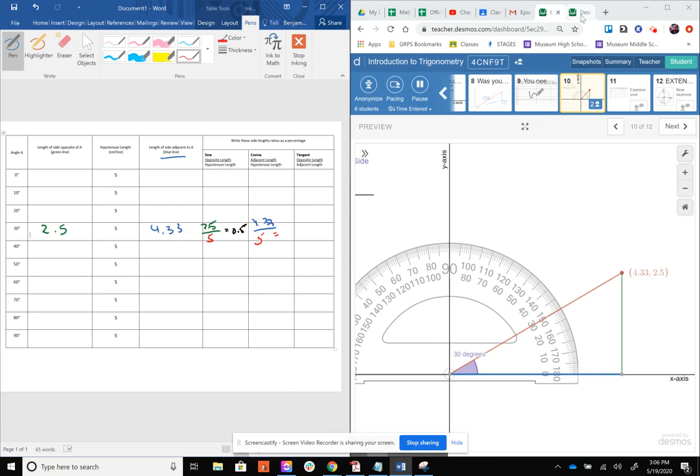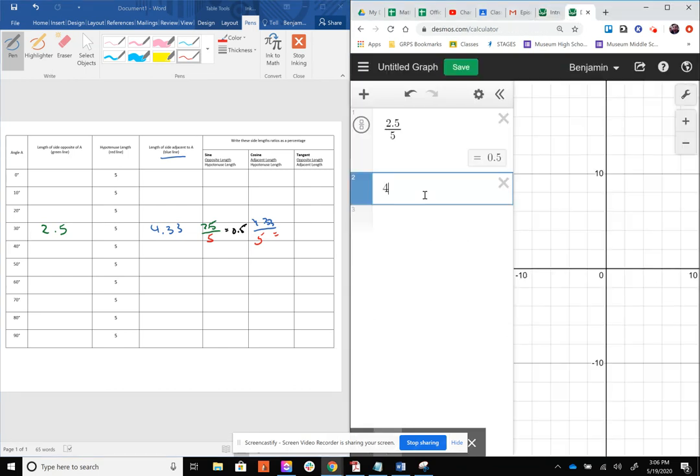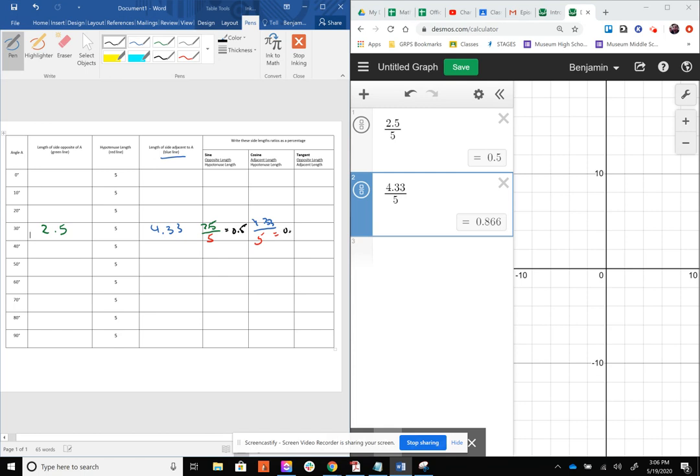So we're going to get a decimal for this. 4.33 divided by 5. So we're going to get something that looks like 0.866. And this number won't mean much to us now, but it will in the future. So 0.866. Okay. And I'm going to fill this in with 0.866 right here and 0.5 right there, because I'm running out of space.